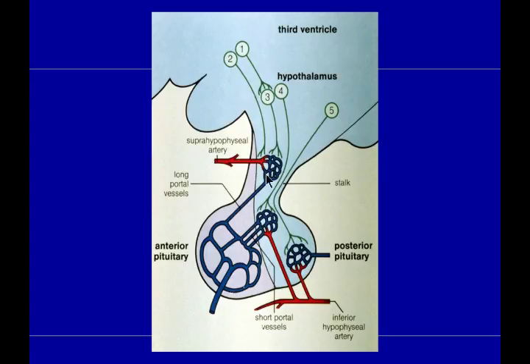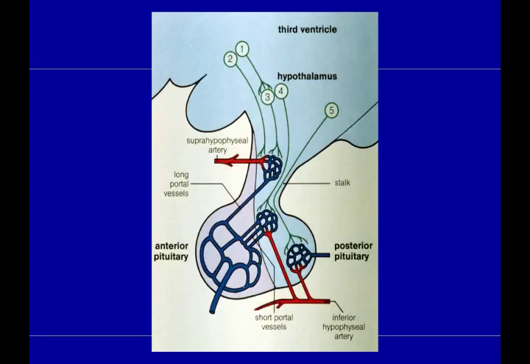And like the hepatic portal vein, there is a hypothalamic pituitary portal vein, and roughly 80% or more of the blood supply to the anterior pituitary is derived from this low pressure portal system.